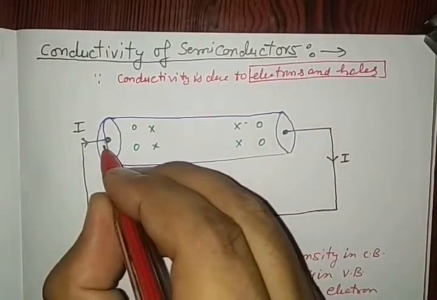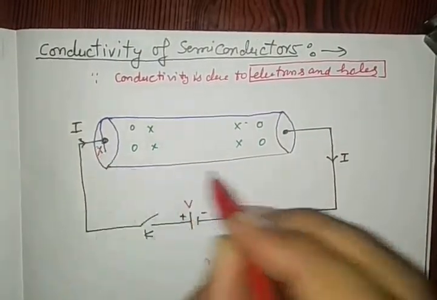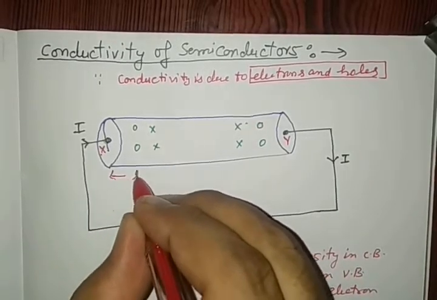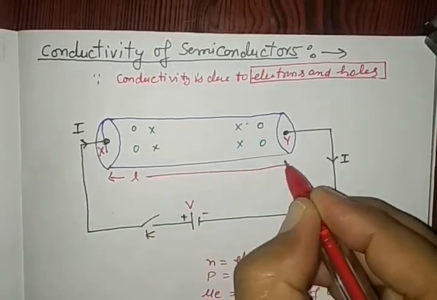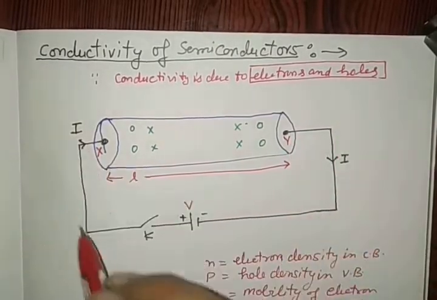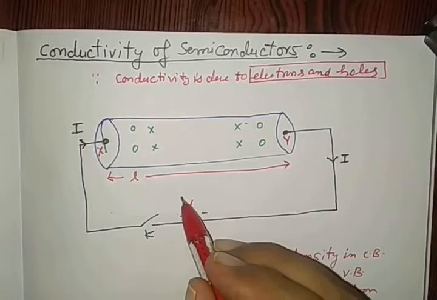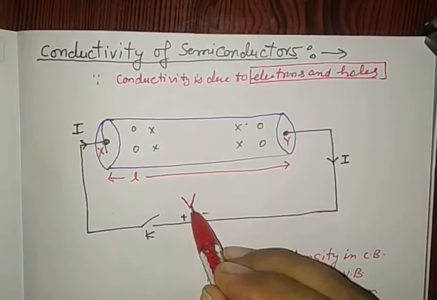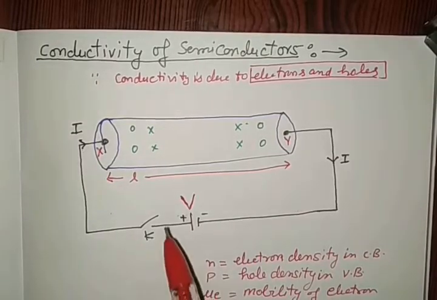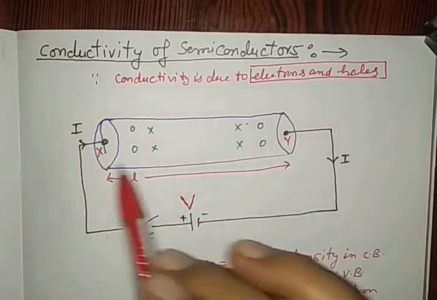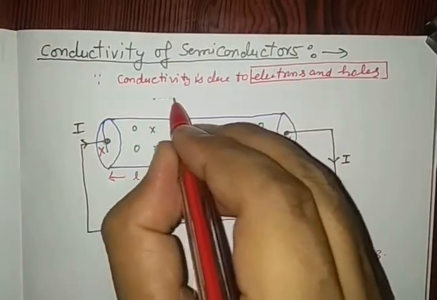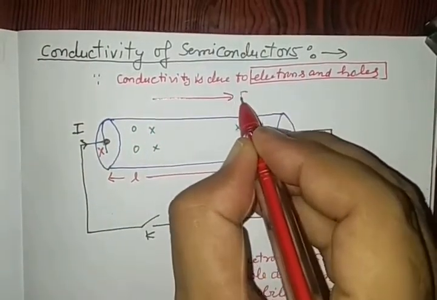Let us consider a semiconductor XY whose length is L, connected with the electric potential capital V. This electric potential V is provided at the ends of the semiconductor XY of length L. As a result, electric field intensity capital E is developed.